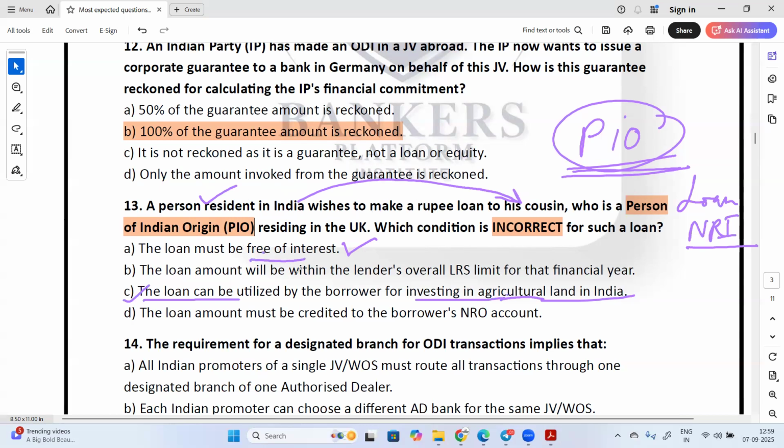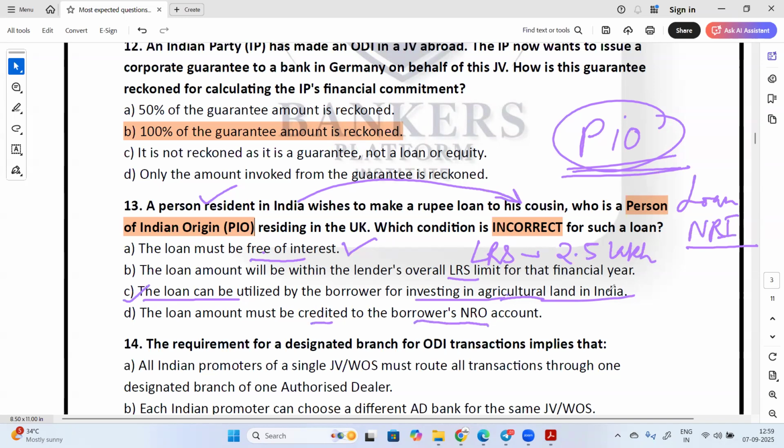Second, the loan amount will be within the LRS limit. If he is sending that money abroad, it should be within the LRS limit. And what is the LRS limit? That is 2.5 lakh USD in a financial year. So it should be within this amount. And the loan amount must be credited to the borrower's NRO account.